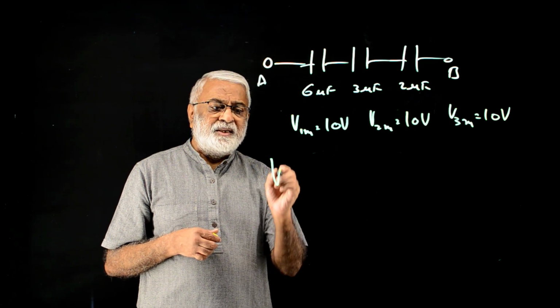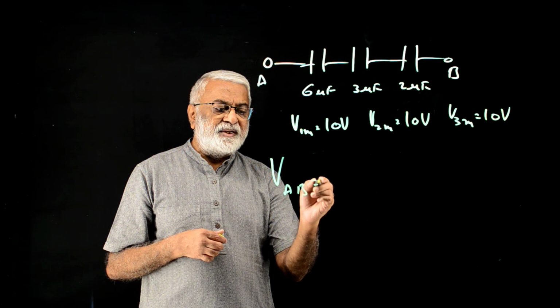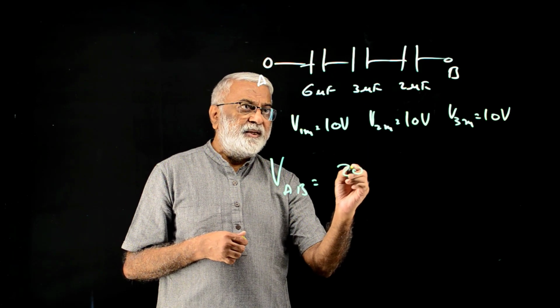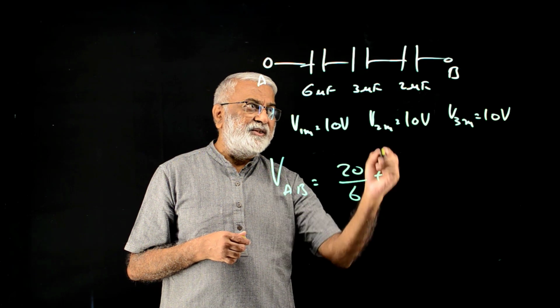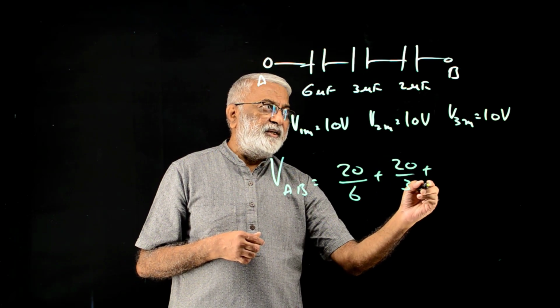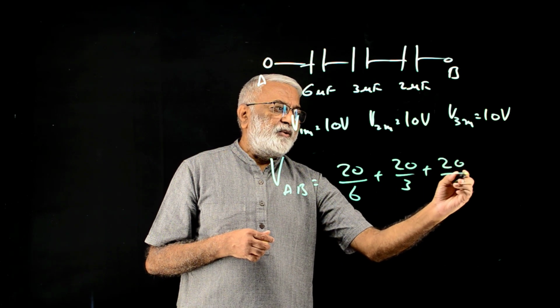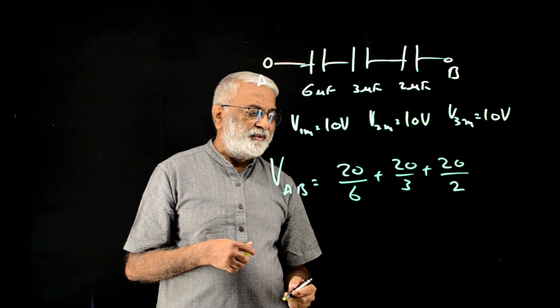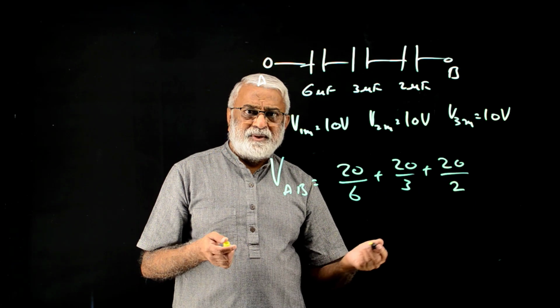Then what is the potential between A and B that you can apply across this? It is 20 microcoulomb by 6 microfarad, plus 20 microcoulomb by 3 microfarad, plus 20 microcoulomb by 2 microfarad. So work this out and you will get what you want.